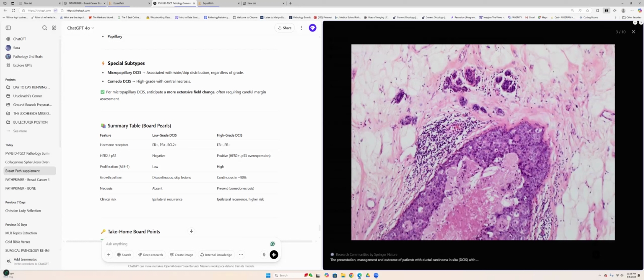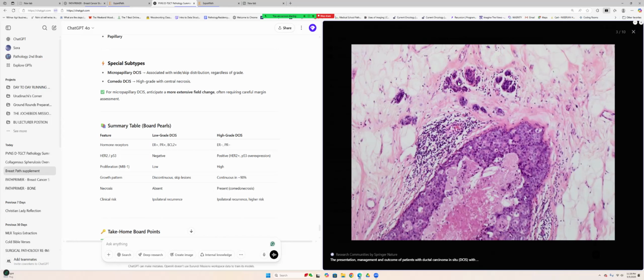So look at this. If you look at P63 and smooth muscle myosin markers, it will highlight the DCIS, but it will not highlight the microinvasive component.